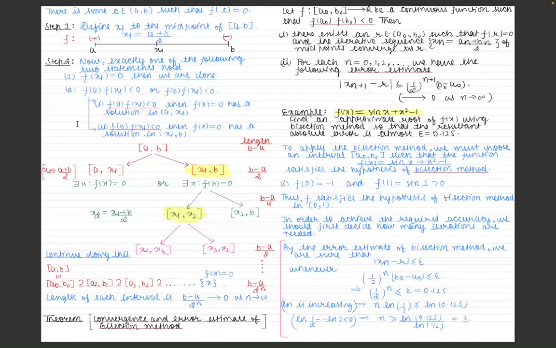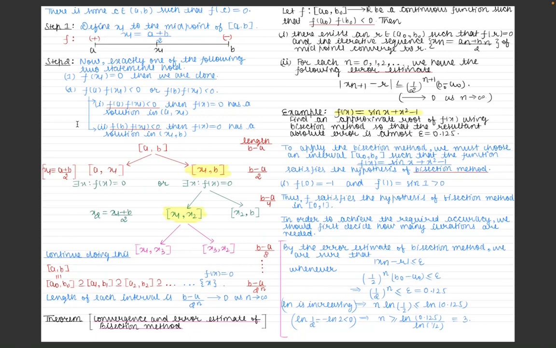Which means eventually this will end at x, where x is such that f of x is 0. Eventually you will be having a single point if you do it infinitely many times. And this is precisely the idea of the bisection method.